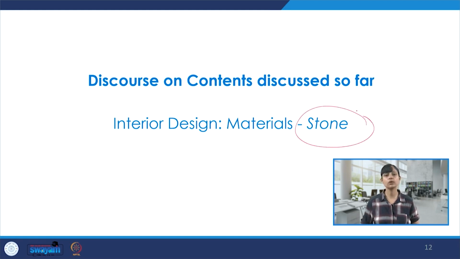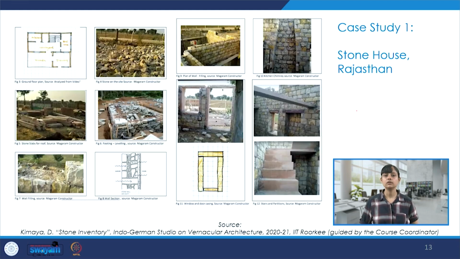Then we had a lot of discussion on stone, which is a very, very widely used material in most of the projects. And we saw some case studies. So there was this stone house in Rajasthan that we discussed very extensively.